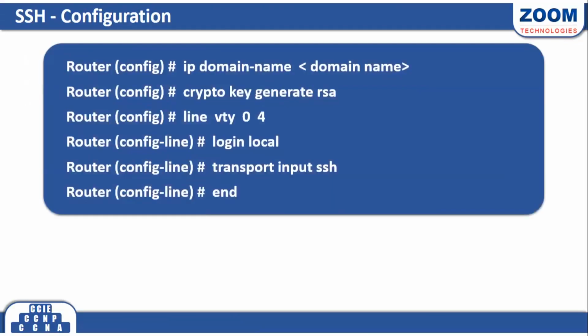This is the SSH configuration: ip domain-name, the name can be any name. crypto key generate rsa, this is the algorithm to encrypt your data. login local, transport input ssh. Clear?